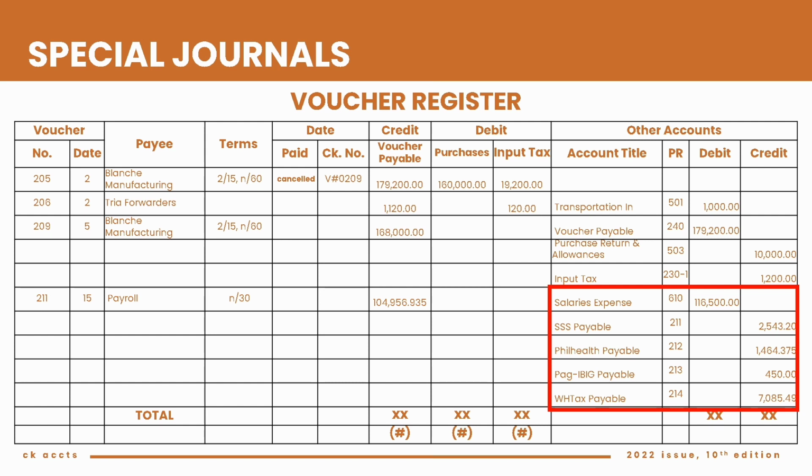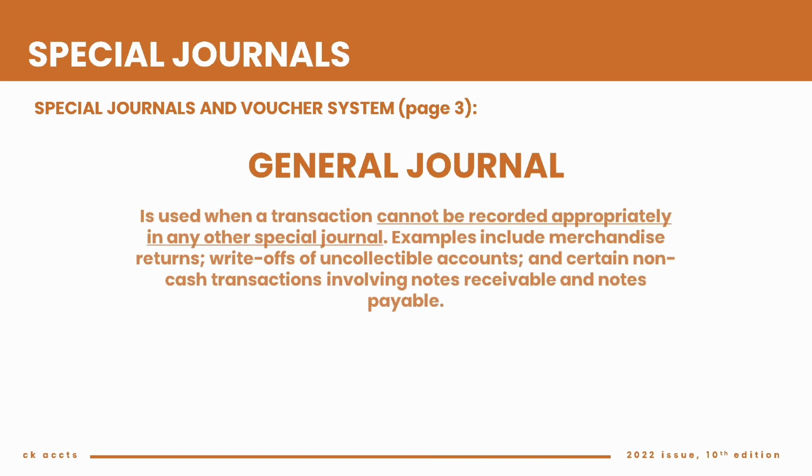So, before we end this, or before we close this topic for special journals, isama ko na rin dito yung topic for general journal. So, for the special journals and voucher system on our page 3 and 4, meron tayo dyang definition for general journal sa ating practice set. So, sabi dito, it is used when a transaction cannot be recorded appropriately in any other special journal.